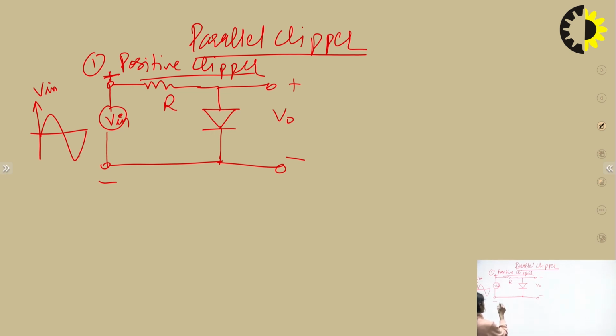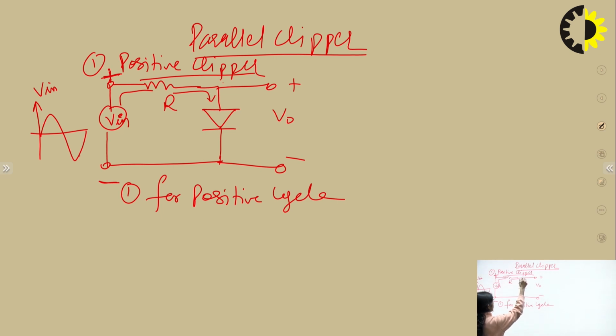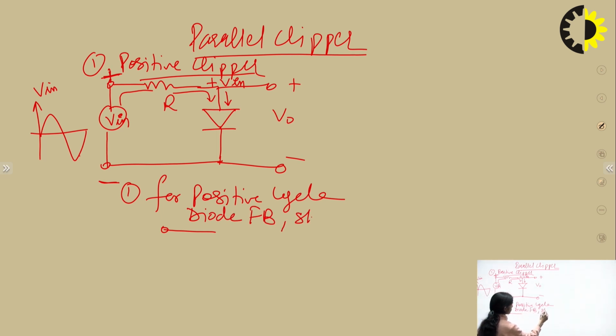For the positive cycle, this end becomes positive and this end becomes negative, and this Vin is appearing across the diode. This positive is connected to the positive of the diode, so the diode becomes forward biased. In forward bias condition, the diode acts as a short path.